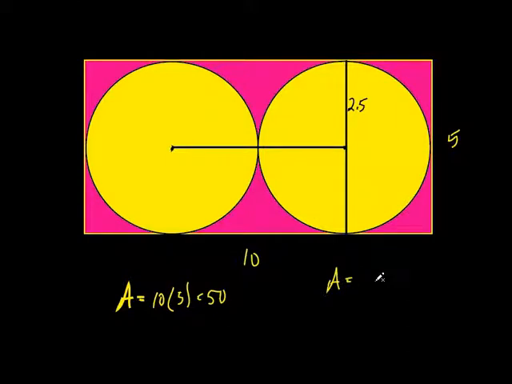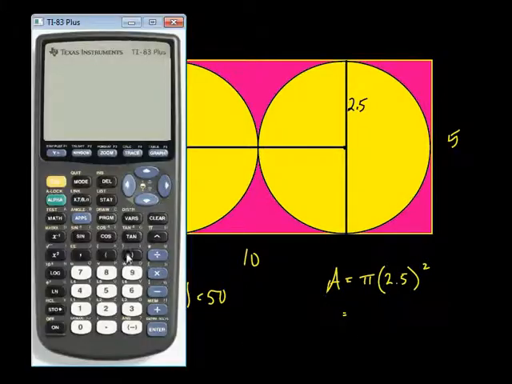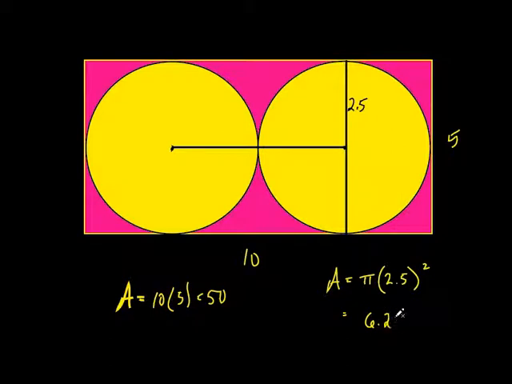The area of the circle is pi times 2.5 squared, correct? 2.5 squared is 6.25, so it's 6.25 pi. That's one circle. Would you agree? What would 2 circles be? 6 and 6 is 12, and a quarter and a quarter is a half, so 12 and a half. Both circles would be 12.5 pi.